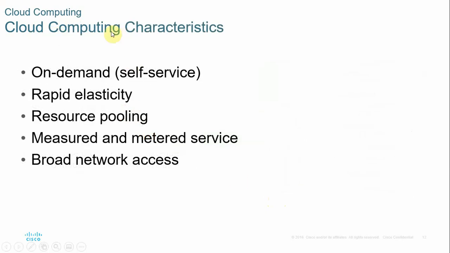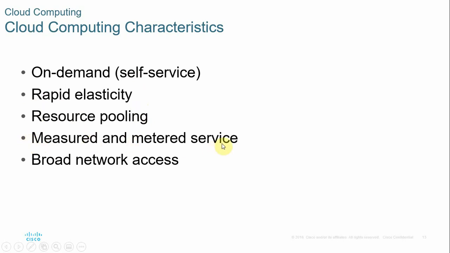We are going to discuss the cloud computing characteristics. It is on-demand self service. Only when you need it are you going to use that service. That is called self service. Rapid elasticity: it can keep on extending and you can reduce it also. Resource pooling.